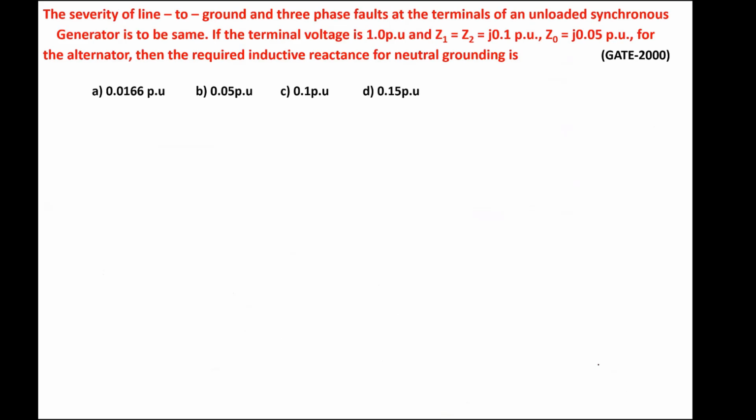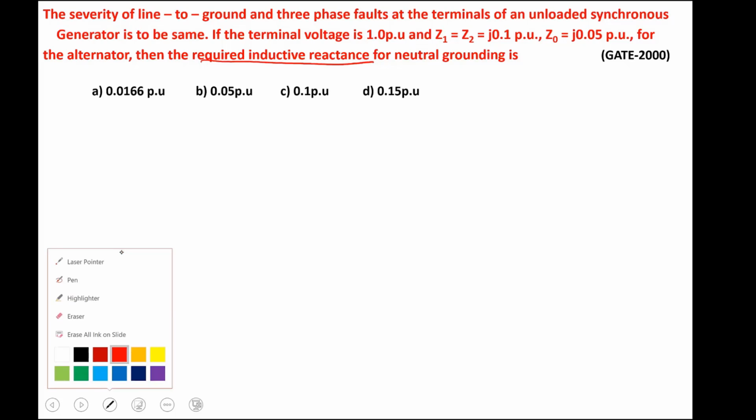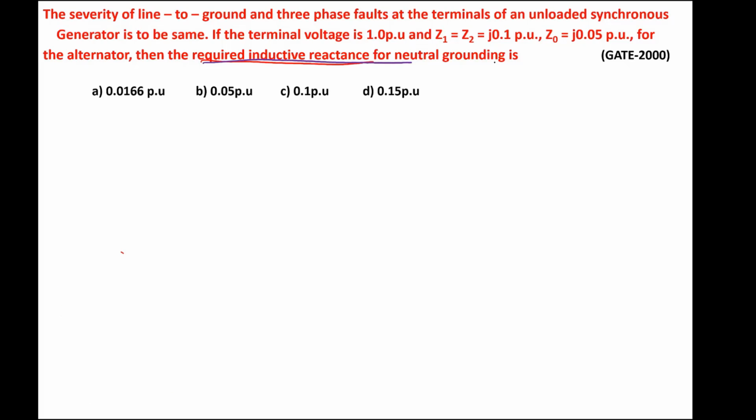Now, read this question. The severity of line to ground fault and three-phase fault at the terminals of an unloaded synchronous generator is to be the same. If the terminal voltage is 1 per unit, and Z1, Z2, Z0 values are given, then the required inductive reactance for the neutral grounding is what he's asking.